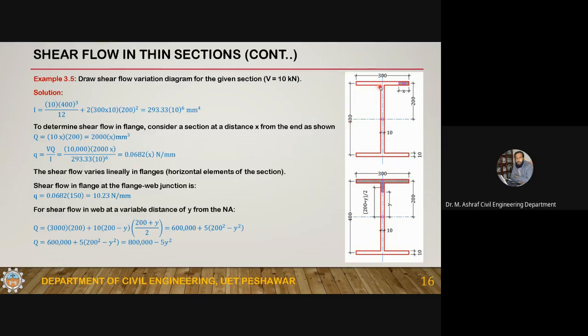If it is 400, then the height of the space will be 390. So 390 cube divided by 12. So this is giving me 289.5. This is giving me 289 or 290.